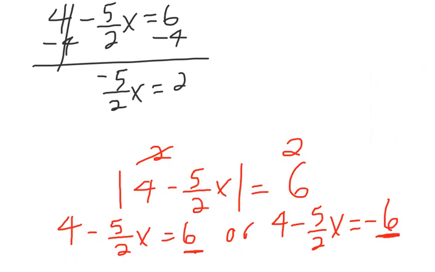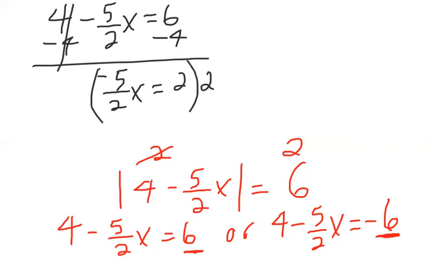Now, guys, we can do this problem in one step, but just to avoid the confusion, I'm going to do it in 2 steps. If you're going to do it in one step, all you would do is multiply both sides by the reciprocal of negative 5 over 2. However, students prefer to do it in 2 steps. So I'm just going to go ahead and start by eliminating the fraction first by multiplying both sides by 2.